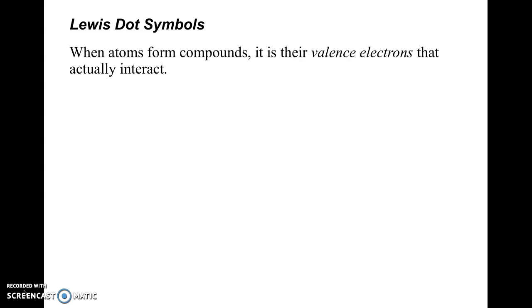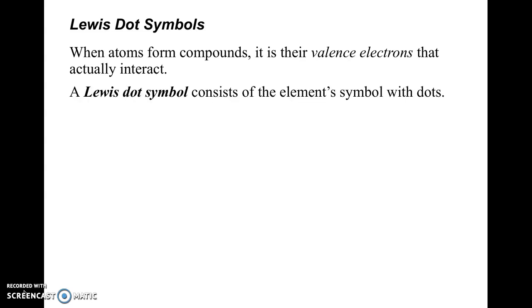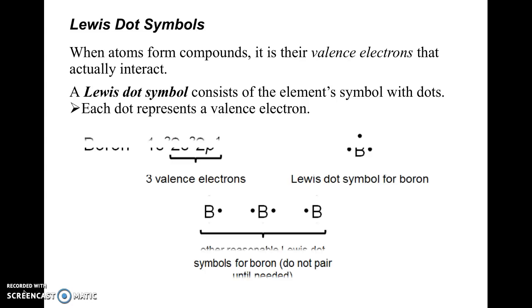And we use the dots to represent valence electrons because it's the valence electrons on different atoms that actually interact and form molecules. So to make a Lewis dot symbol, you just take the symbol for the element and you put dots around it representing the valence electrons.